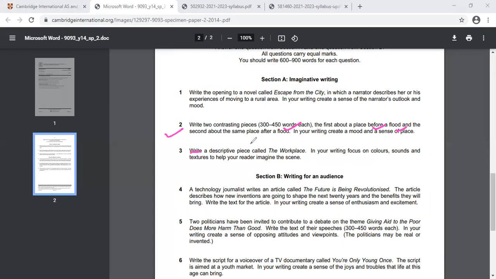Okay, here we go. Now you got to underline the keywords like colors, sounds, textures to help the reader imagine the scene. You already know that when we write a descriptive essay, we got to look for the dominant impression.